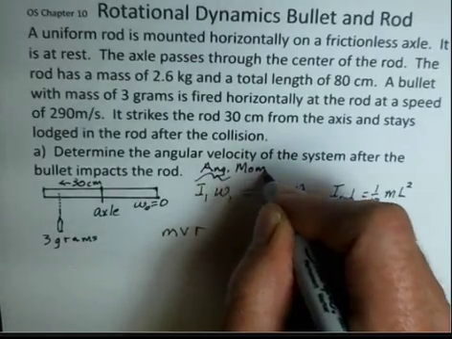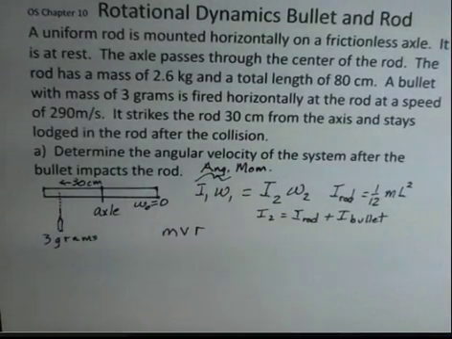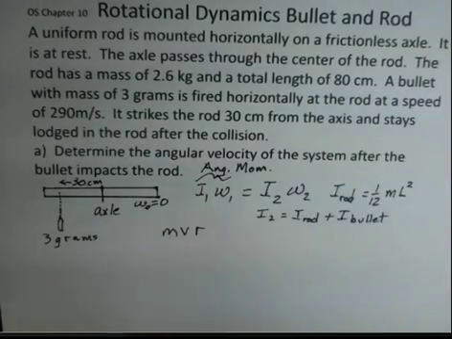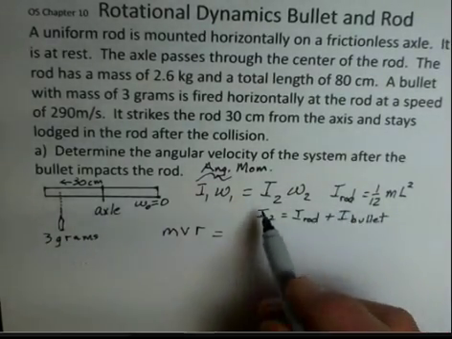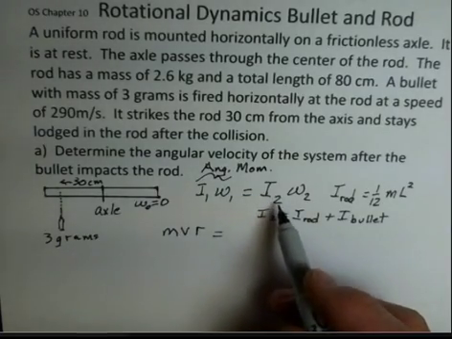I'll abbreviate. So the I omega is angular momentum, and for the case of the bullet, at the time when it's just impacting the rod, its angular momentum is mvr: mass of the bullet, velocity of the bullet, and the distance to the axle. So after, when we consider the system afterwards, the moment of inertia is in two parts.